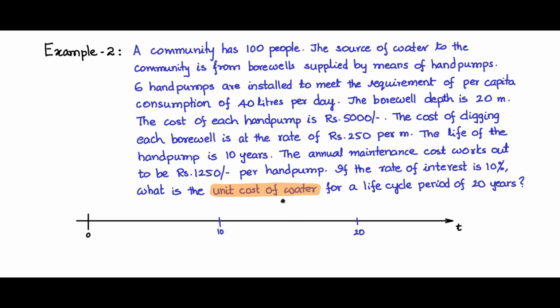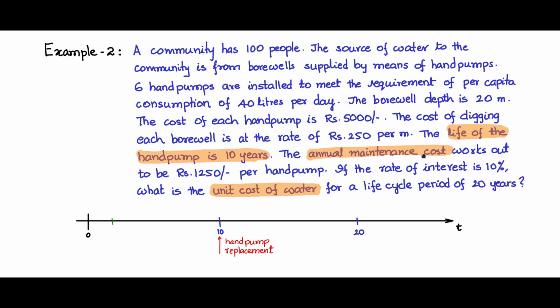Now we see that there is a life of the hand pump given as 10 years, which means at the end of 10th year we will have to make a replacement of hand pumps. There are 6 hand pumps, therefore 6 hand pumps need to be replaced. So there is a replacement that will come in here. So replacement cost of 6 hand pumps.